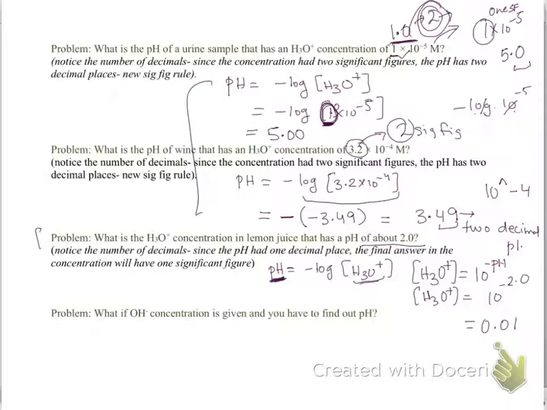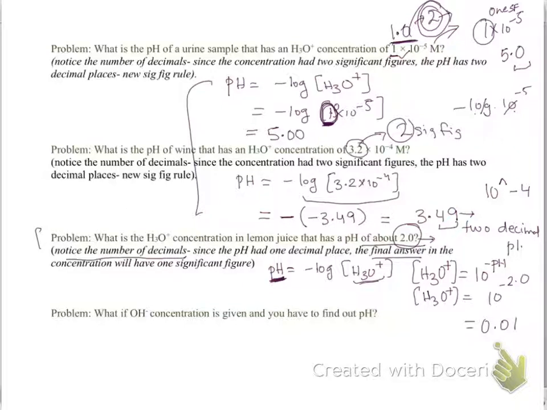So now we are going opposite. What is the rule for that? Now you have to notice the number of decimals given in the pH. How many decimal places are given? 1 decimal place. So now we are doing the opposite, your final answer should have only one significant figure.